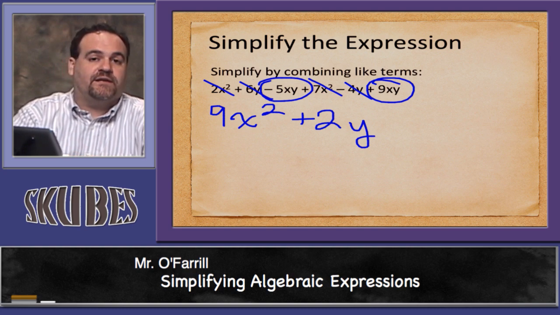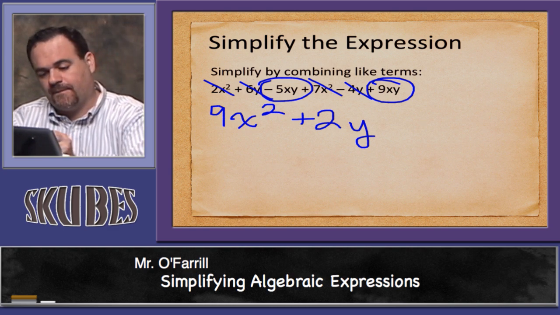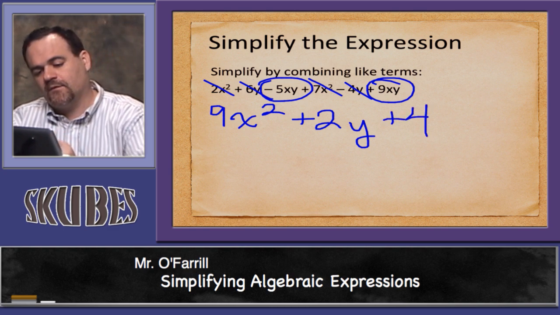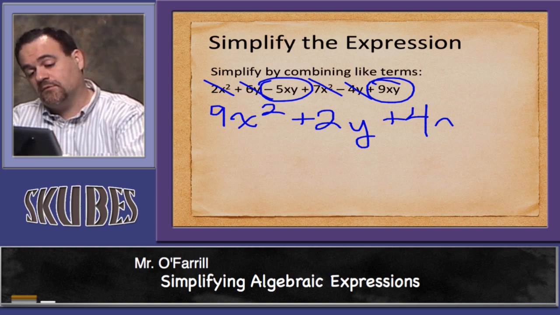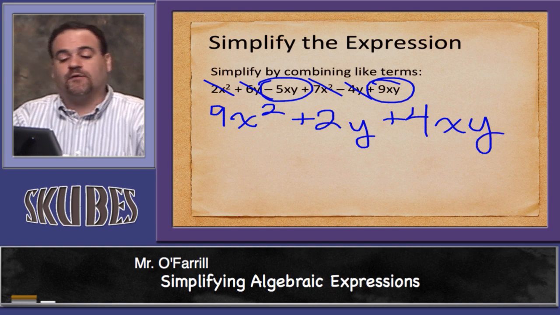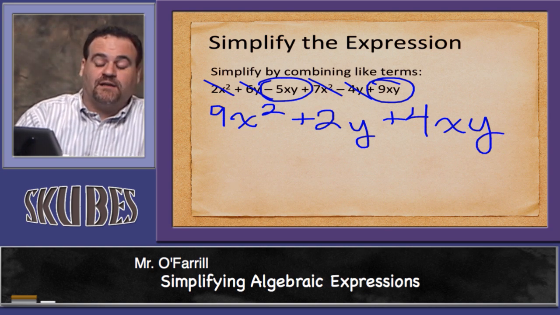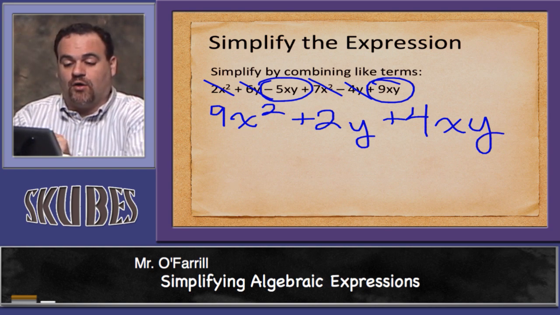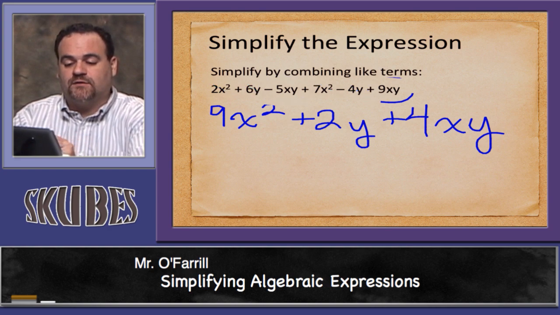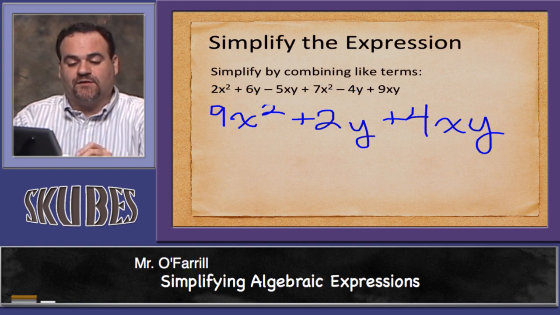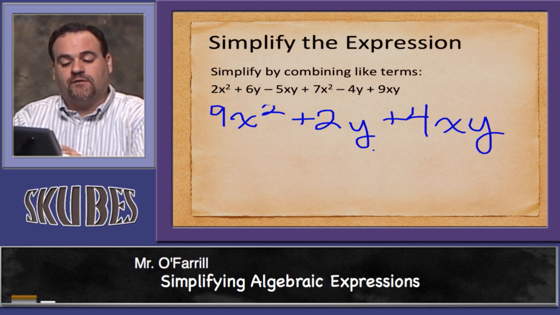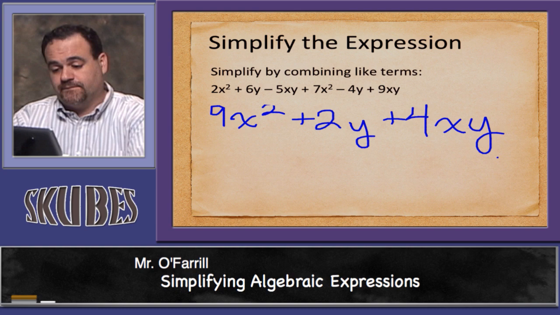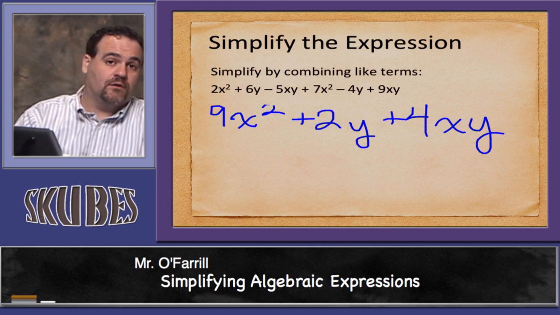Add them together, and you get 4. 4 what? 4xy. And that's our final answer. As we combine all of these 6 terms, we ended up with 3 terms: 9x squared plus 2y plus 4xy.